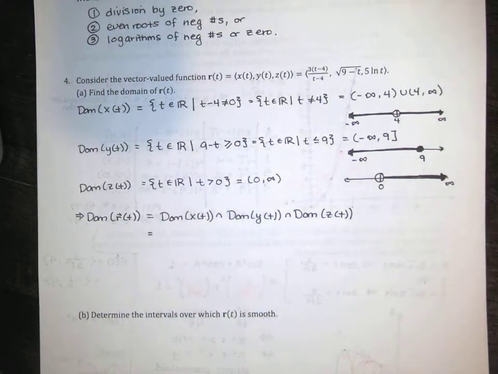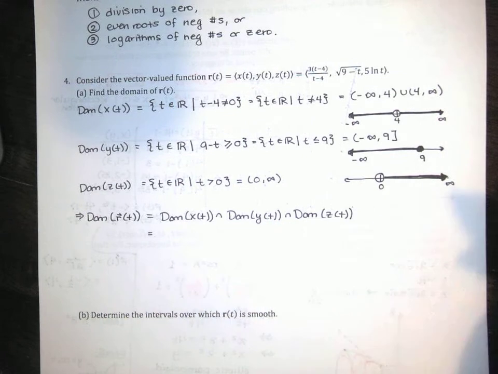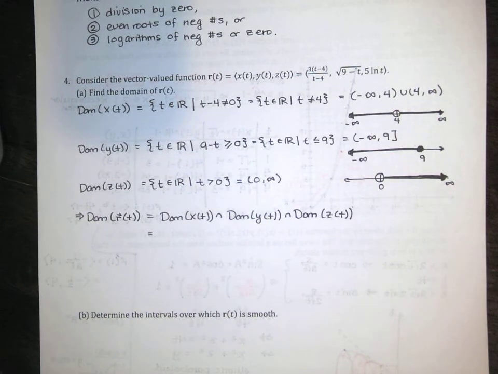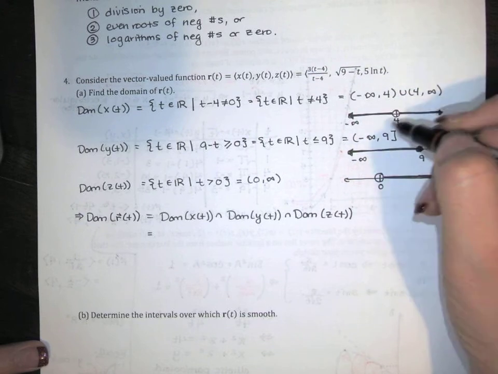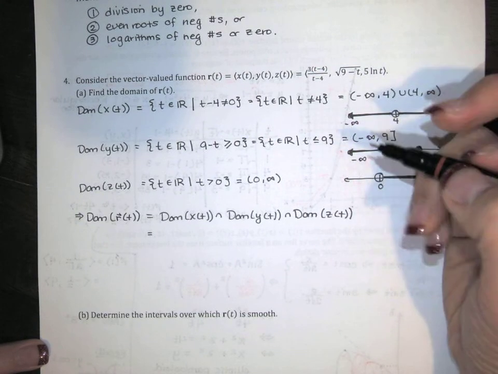And you could write all those down, but I've written them up here. I think I'm just going to do the intersection just by looking at these intervals. I'm looking for where these 3 sets overlap.